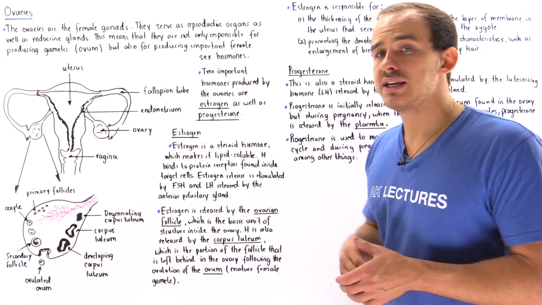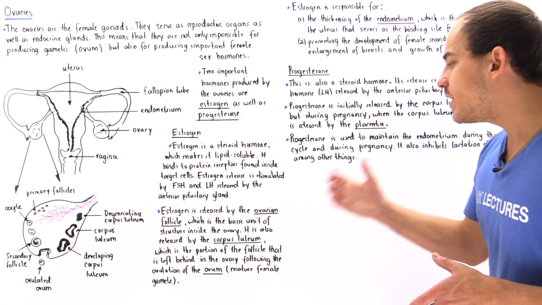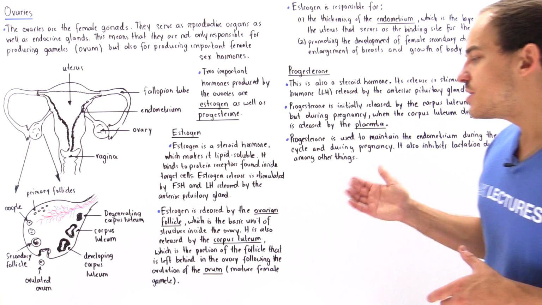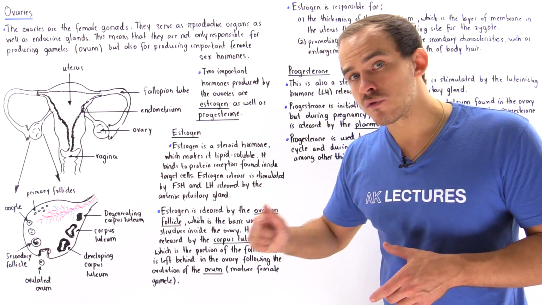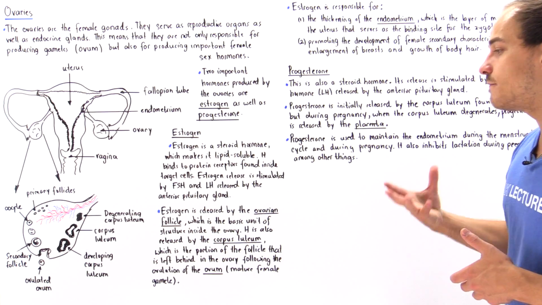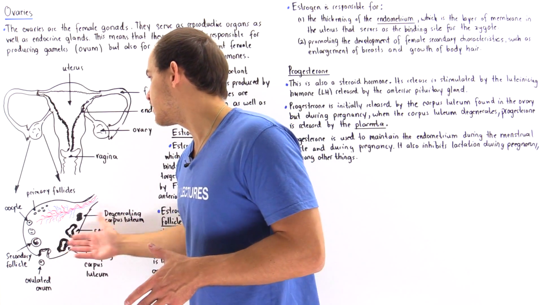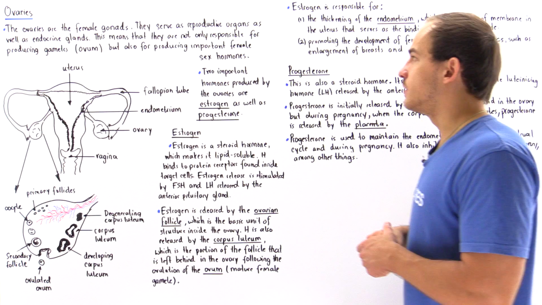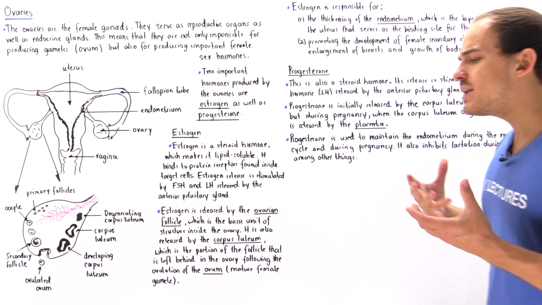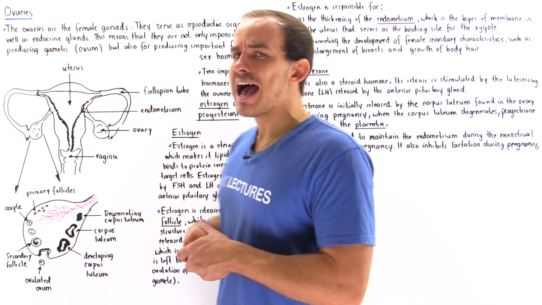It is also released by the corpus luteum, which is the portion of the follicle that is left behind in the ovary following the release of our ovum, the mature female gamete, into our peritoneal cavity and eventually into the fallopian tube. Now, what exactly is the purpose of estrogen?